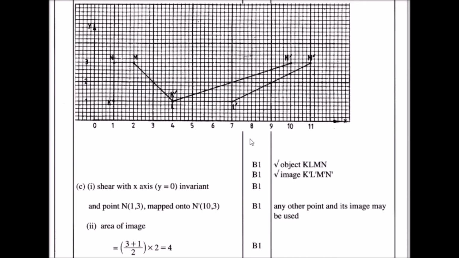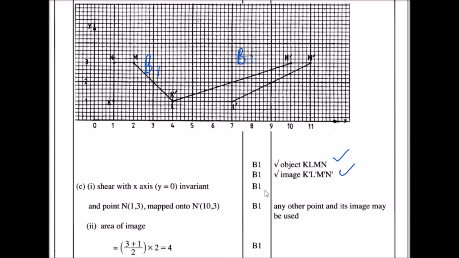In the second part, you get a bonus point. The image here is not as clear as what we have done, but by drawing that, you get a bonus point. By drawing the object and the image, you get a bonus point.